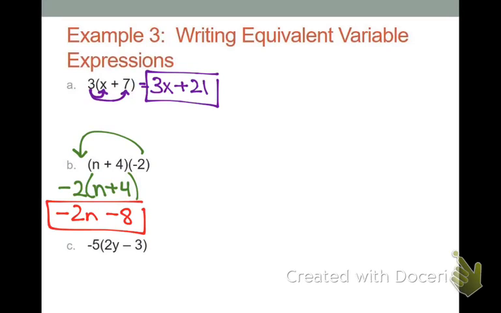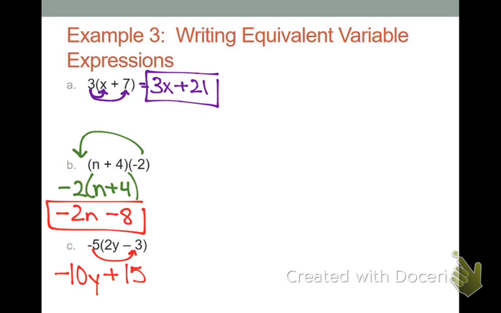What did you get for your answer? What did you get? Rania? Negative 10y minus 15. All right, negative 10y he got right, but what did he do wrong with the 15? It's supposed to be a positive, right? Because a negative times a negative is 2 negatives, which makes a positive, my even odd rule. Negative 5 times negative 3, 2 negatives, positive product.